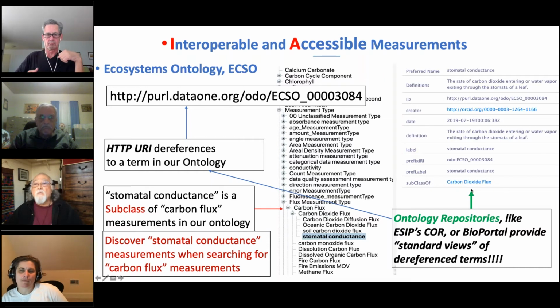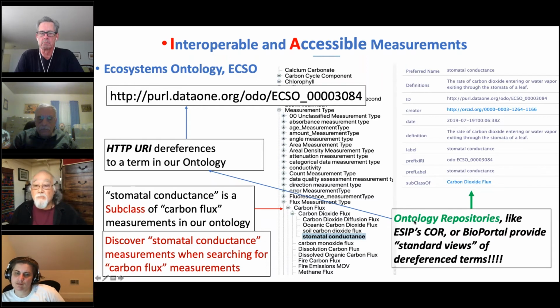Now, this view over here is really useful because there are these things called ontology repositories. So they can take ontologies written in RDF and OWL and provide nice standardized views of them. And ESIP has one they call the COR, which stands for the Community Ontology Repository. There are several of those.